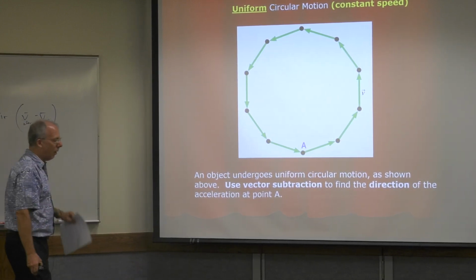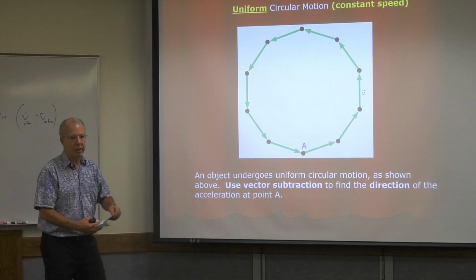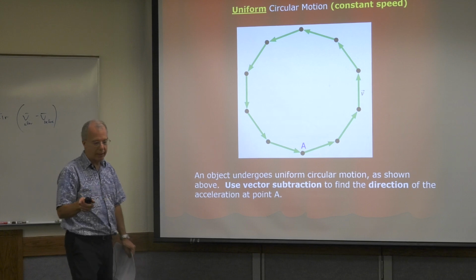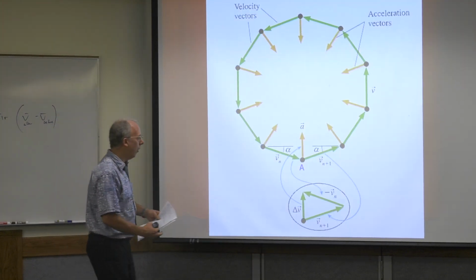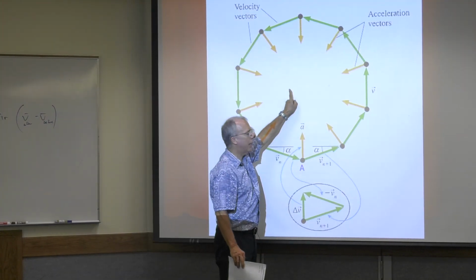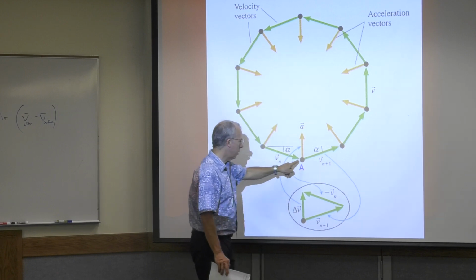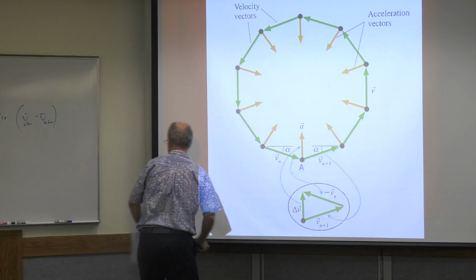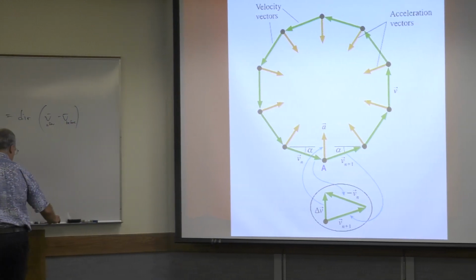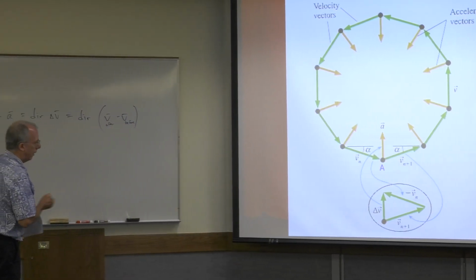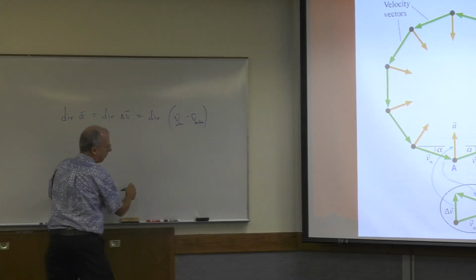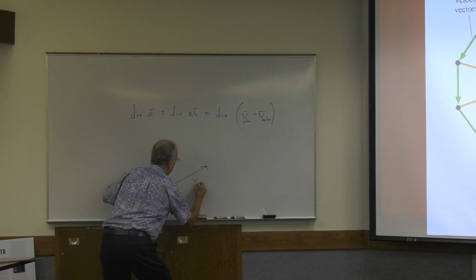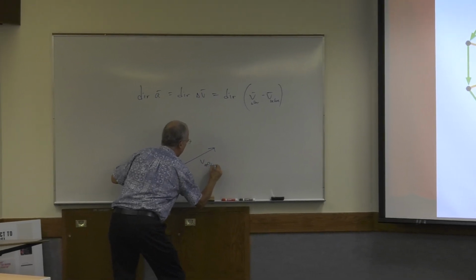All right, so we're back. You just did this 15 minutes ago, right? And I told you it was important, and I told you we're going to see it again. So there you go. It points towards the center. So again, this is V after. This is V before. So here, I'll do it. We want V after, which is sort of like that.